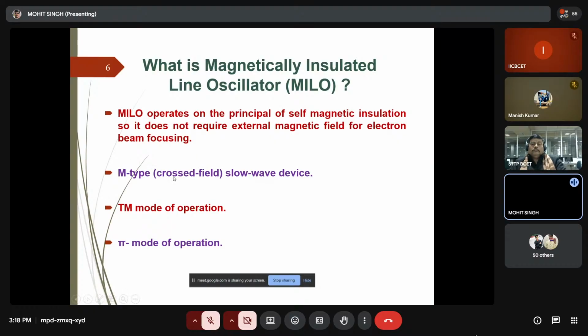And this is a cross field device. Cross field device means that the electric field, the magnetic field and the direction of propagation are all perpendicular to each other. Those types of devices are called cross field devices. And this is a slow wave device. I will discuss what the meaning of slow wave and fast wave is.